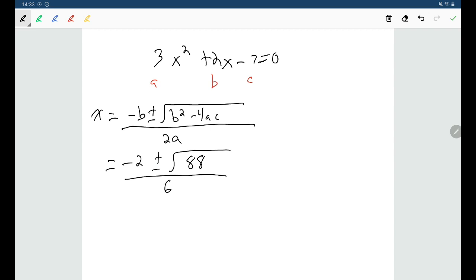Now, we're not finished yet, because of course we need to ask ourselves, is that root of 88 in simplest terms, yes or no? Are there any perfect squares that can be taken out of 88? And the answer is yes, there are. 4 goes into 88. 4 is a perfect square. 4 goes into 88 22 times.